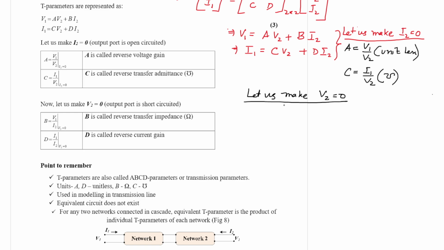So it is a mix of both, open circuiting and short circuiting. Now if we make V2 equal to 0, then B will be equal to V1 by I2, and D will be equal to I1 by I2.